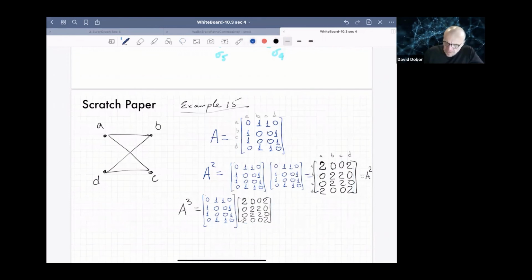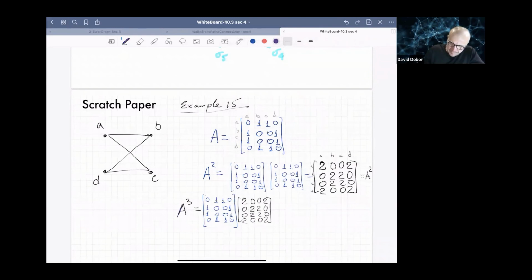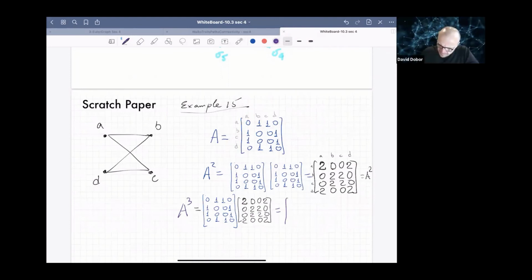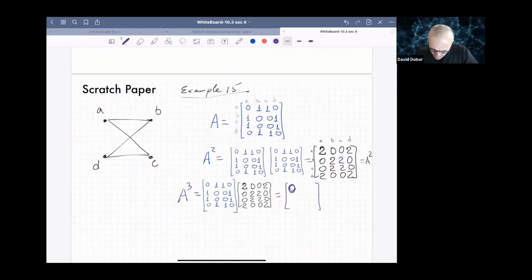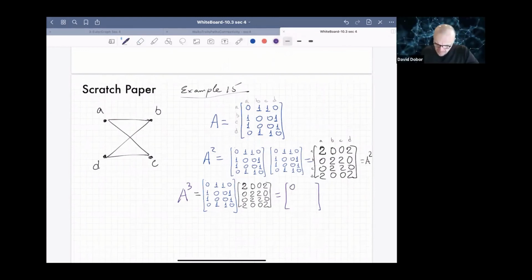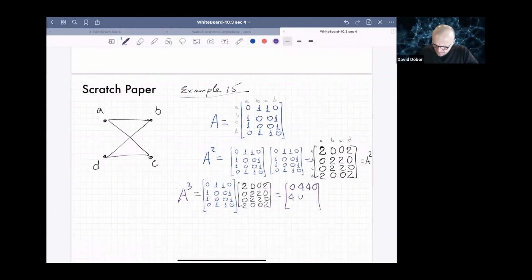Let's multiply those, since we're at it. What's the result? The first element is 0. The second is 4. The third is 4. And then 0. Okay, and then here.